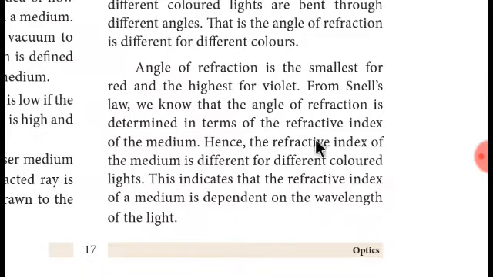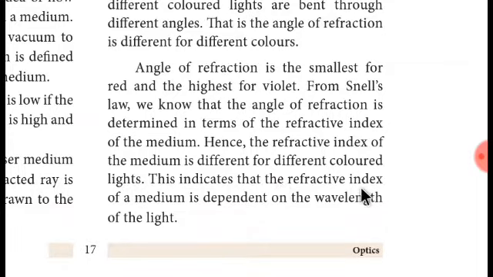If water's refractive index is 1.2, it might be 1.2 just for red color, but it might be 1.224 for violet color and 1.225 for green color. Depending upon the color, the refractive index of the medium changes. Hence, the refractive index of the medium is different for different colored lights.